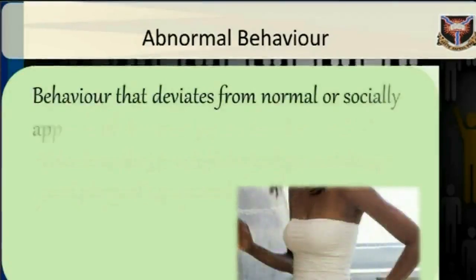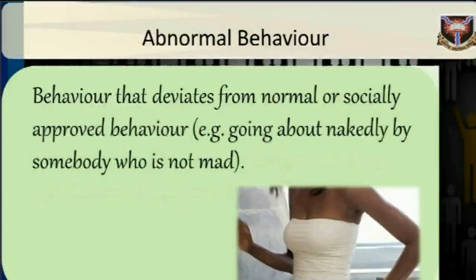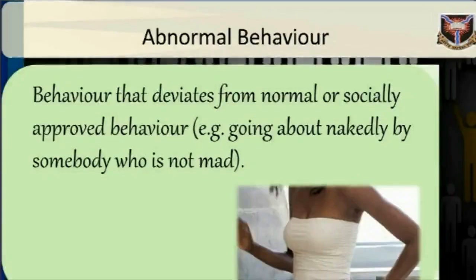Abnormal literally means away from the norm (Meyer and Salmon, 1984). Abnormal behavior, therefore, simply means a behavior that deviates from normal or socially approved behavior. For example, going about nakedly by somebody who is not mad.